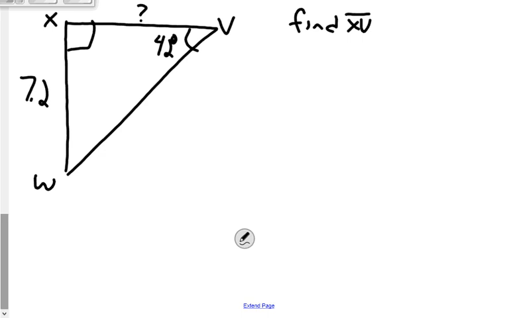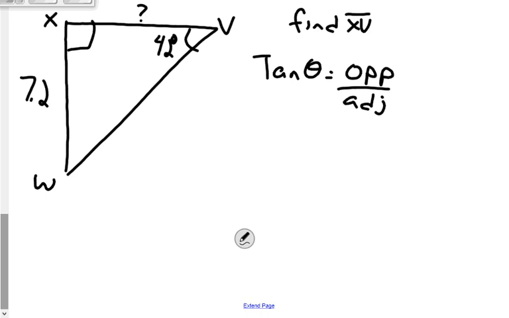So once again, we're going to use tangent because it's the only thing we know. Remember, tangent of an angle is opposite over adjacent. All right. Now, on a test or on the quiz, you don't need to show all this work that I'm doing.